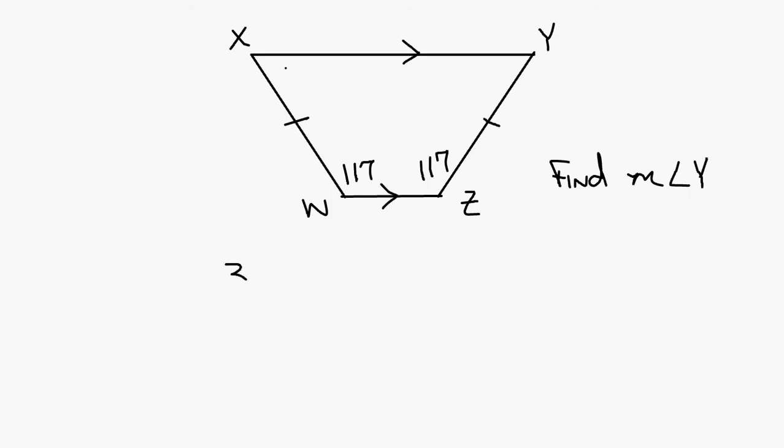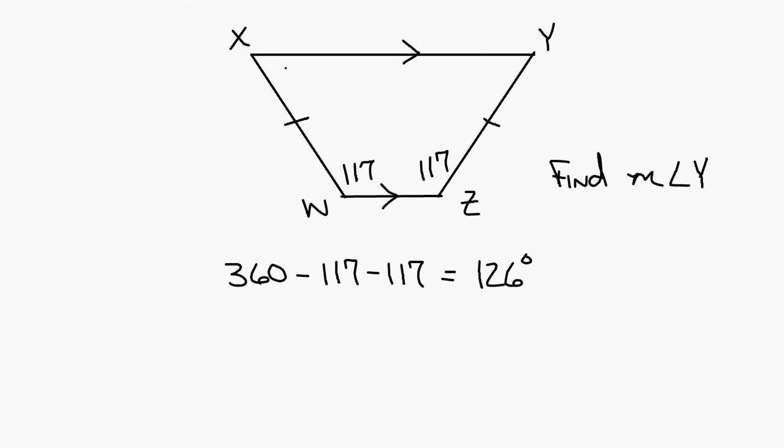So if you take 360 and subtract 117 and another 117, that leaves you 126 degrees.